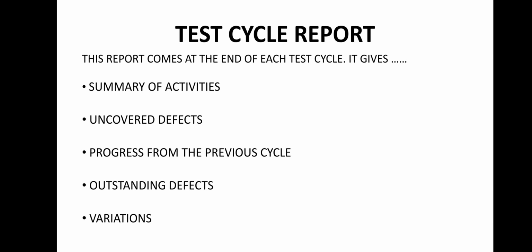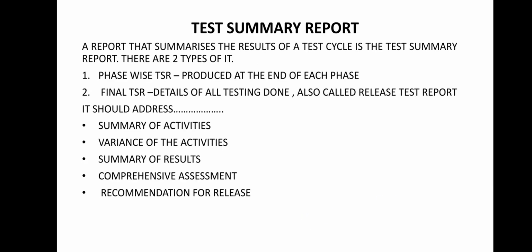Clear? Now we talk about the last thing that is very important, the test summary report. A report that makes a summary of all the results of all the test cycles is known as the test summary report. Basically, we can classify it into two types. The first one is the phase-wise TSR, that is the phase-wise test summary report, which is produced at the end of each and every phase.